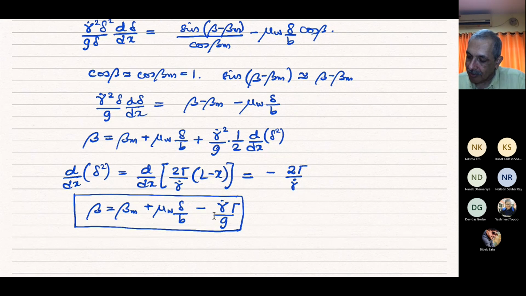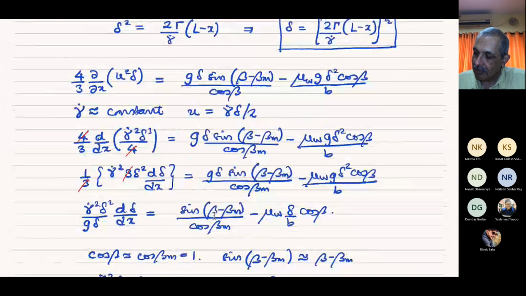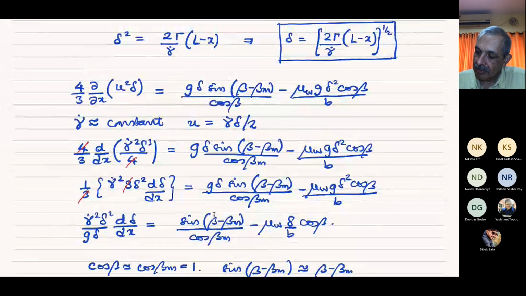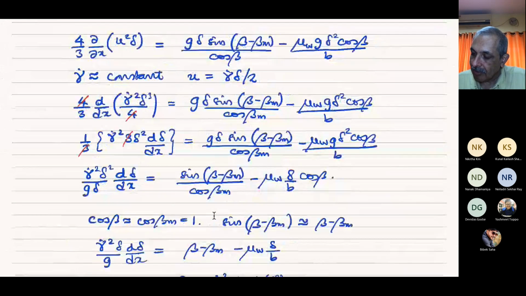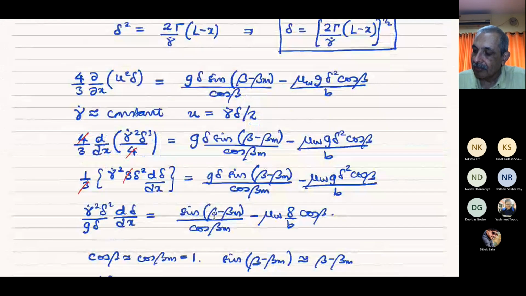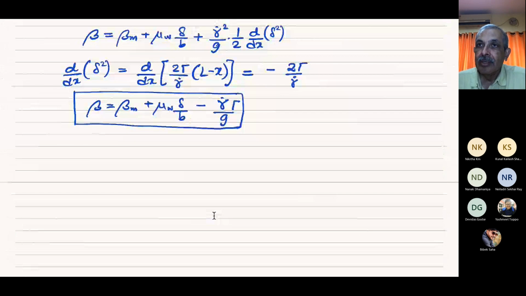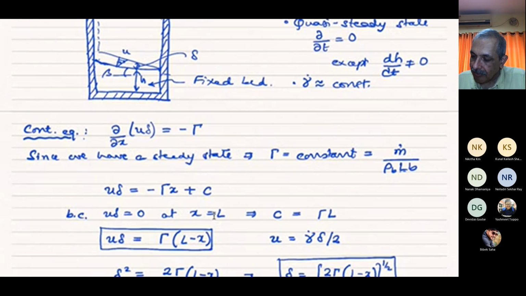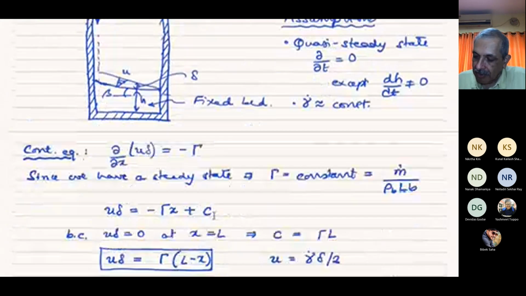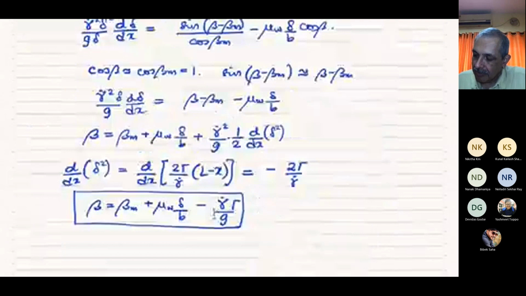We see delta, how it changes with distance. So this will tell us how the layer thickness changes with distance, and this tells us how the angle changes with the thickness, interface angle. I'm sorry, this one tells us how the layer thickness changes with distance. So these are the 2 results that we have got.